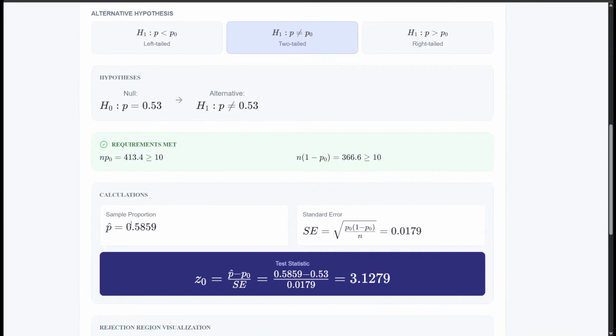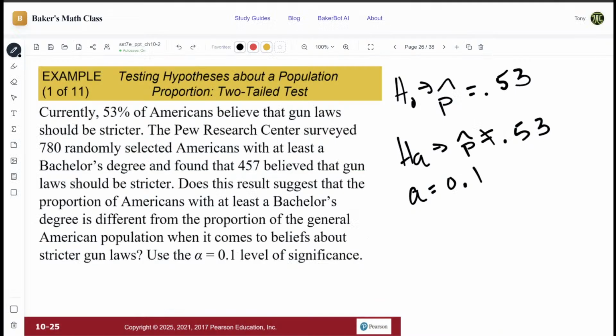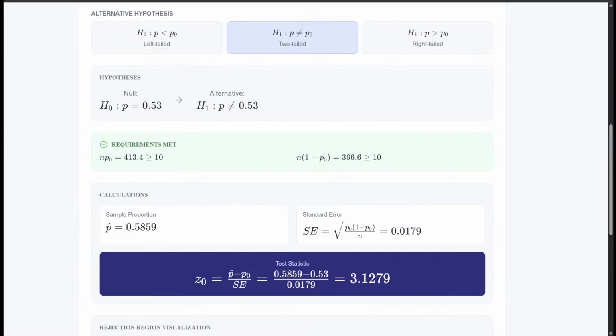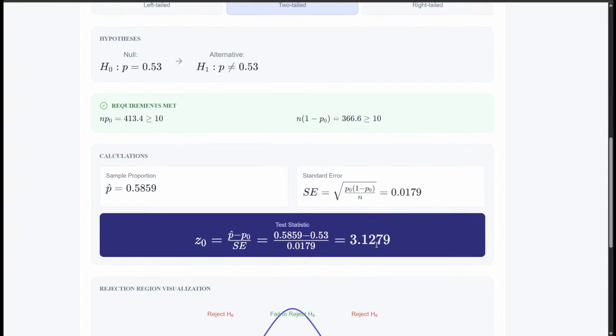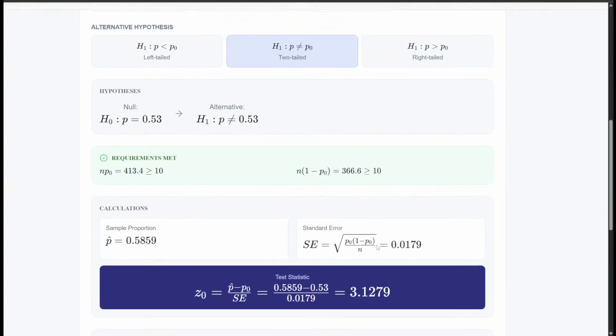The proportion of Americans with at least a bachelor's degree that thought we should have stricter gun laws is 0.5859. So the z-score is 3.1279. So just looking at that, are we going to not reject the null hypothesis, or reject the null hypothesis?